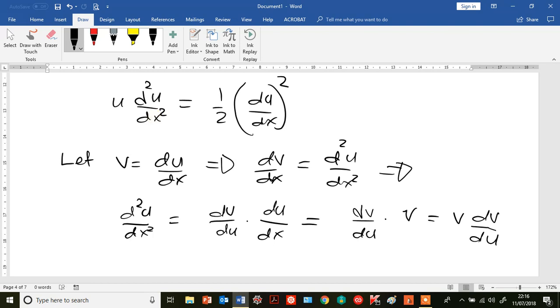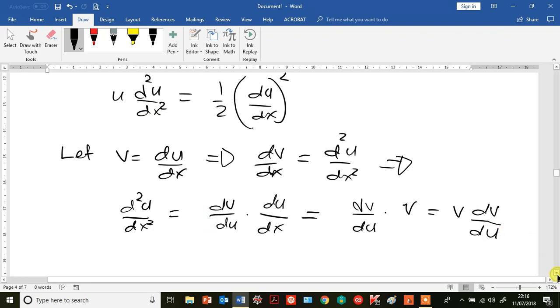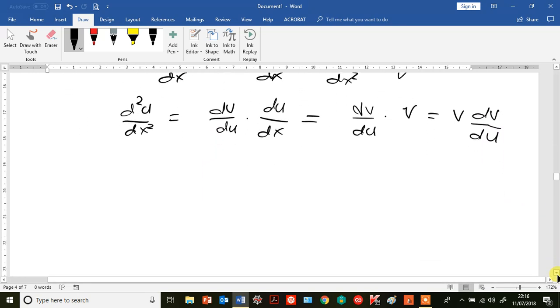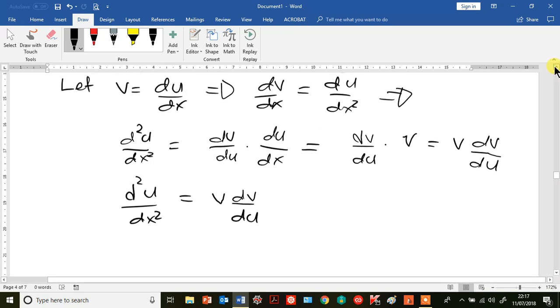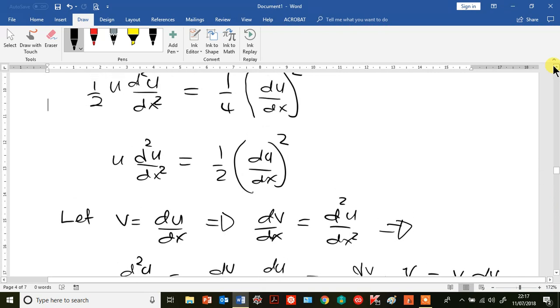Okay, so we now have an expression for d squared u by dx squared. I'll just rewrite it out again: d squared u by dx squared equals v dv by du. Let's label this as equation 2.